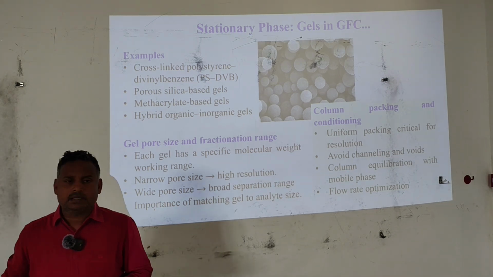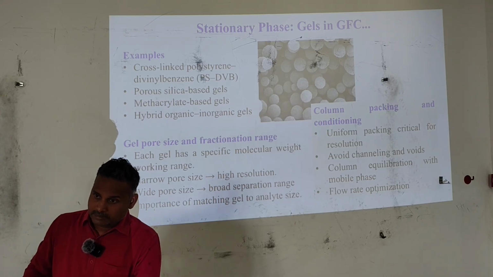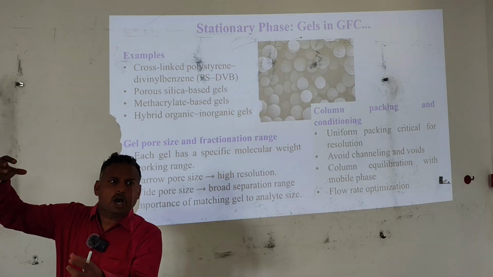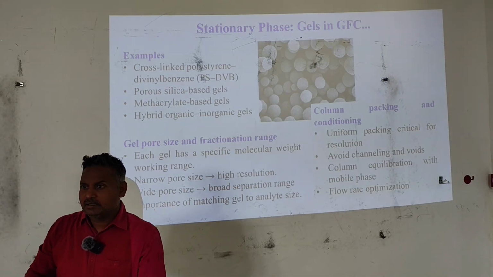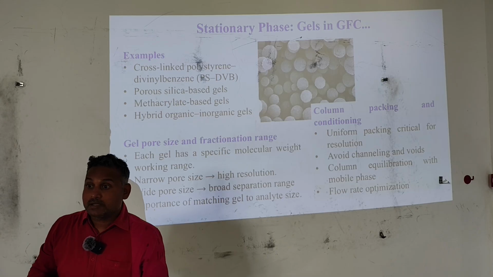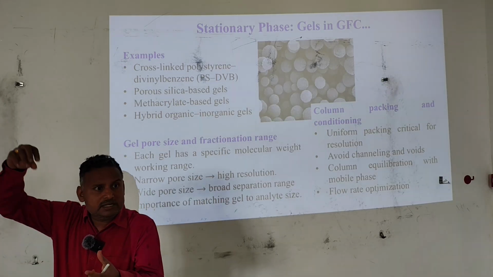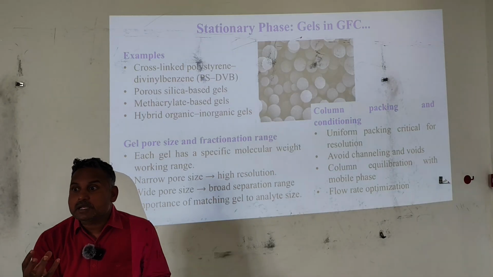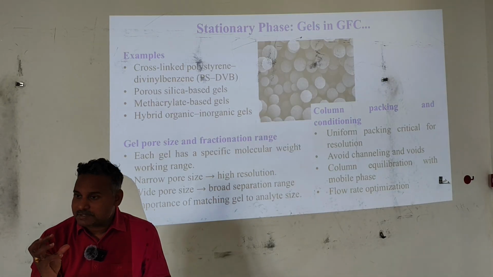For example, if you are doing manual packing and you pour all the material at once, the packing will not be uniform, because it will leave some gaps in between.